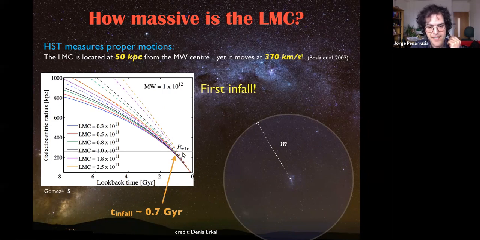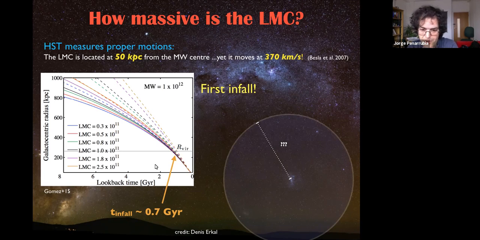So if you take those proper motions and the radial velocity and integrate backwards, what you find is that the most likely solution is that the LMC is falling in now, and that it crossed the virial radius of the Milky Way only 700 million years ago. So this has been a really recent accretion event, according to these models.